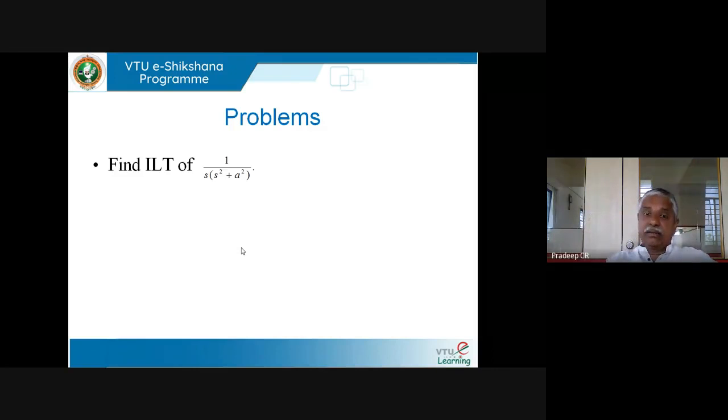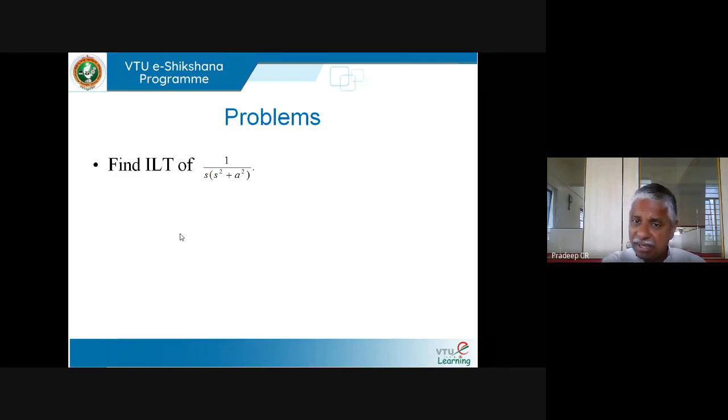I hope I'm making sense. This is a product of Laplace transforms of two functions. This is 1 by s into 1 by (s square plus a square). 1 by s is the Laplace of the constant function 1. 1 by (s square plus a square) is the Laplace of 1 by a sine at.